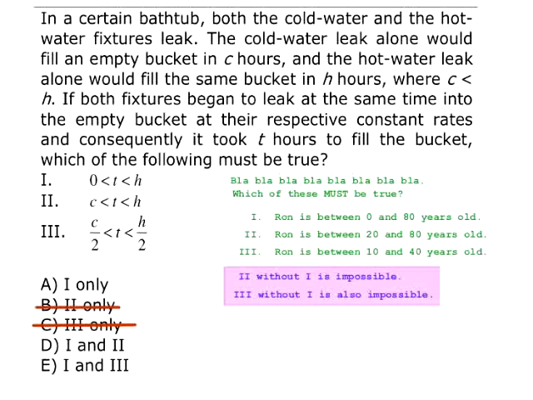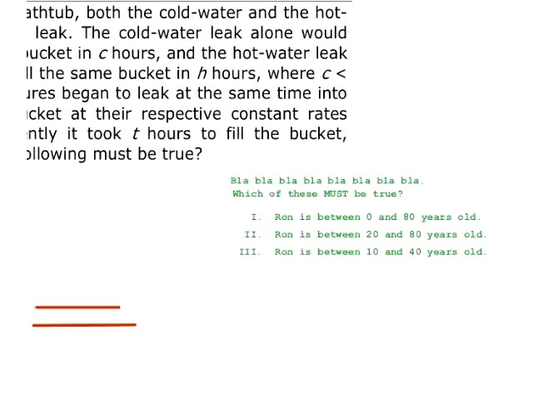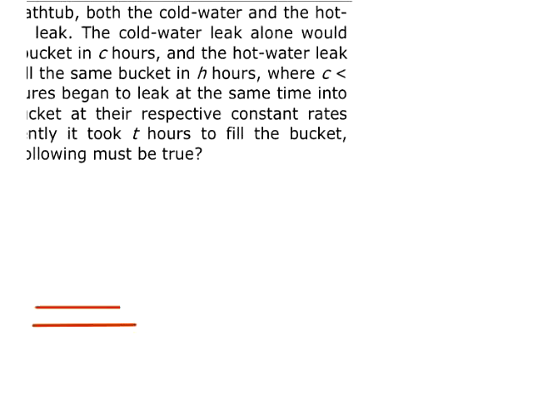But yeah, if you found out that Ron had to be in his 30s, for example, then all three of them would be true, that sort of thing. Okay. But you definitely shouldn't have picked B or C, because those are not possible. Okay, now let's actually do the problem.